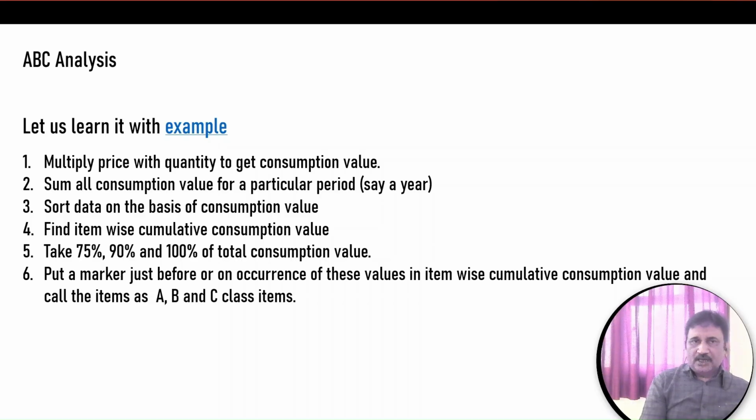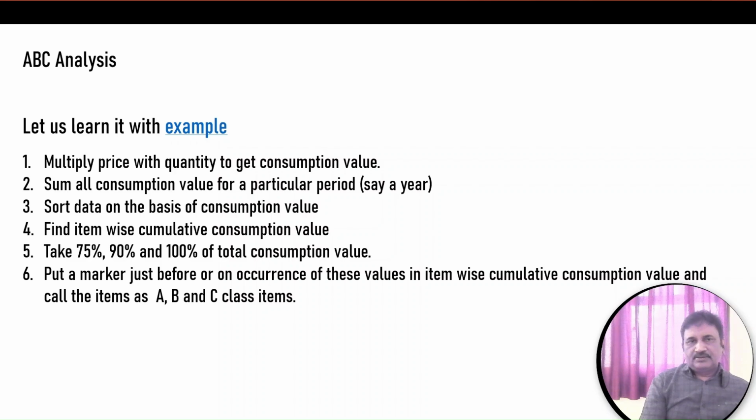But the point to be kept in mind is that the percentage consumption for A class items should be higher than for B class items, than for C class items. So like 60, 30, 10.